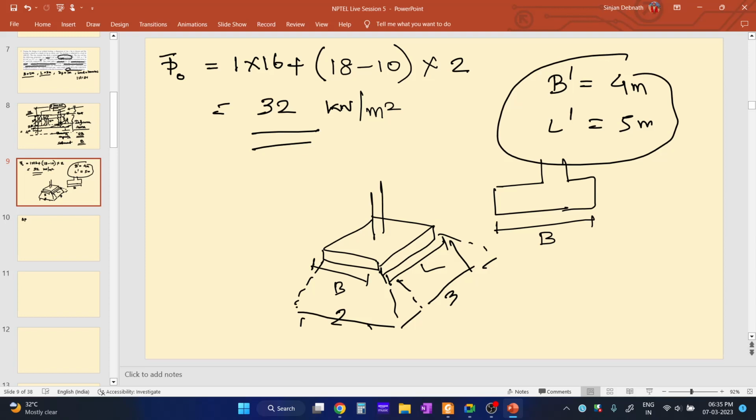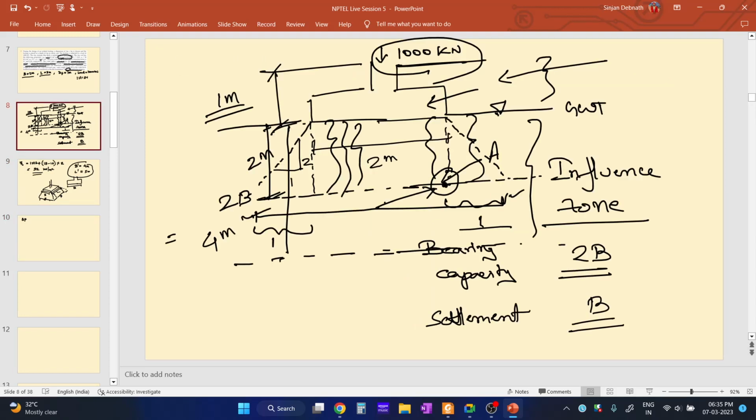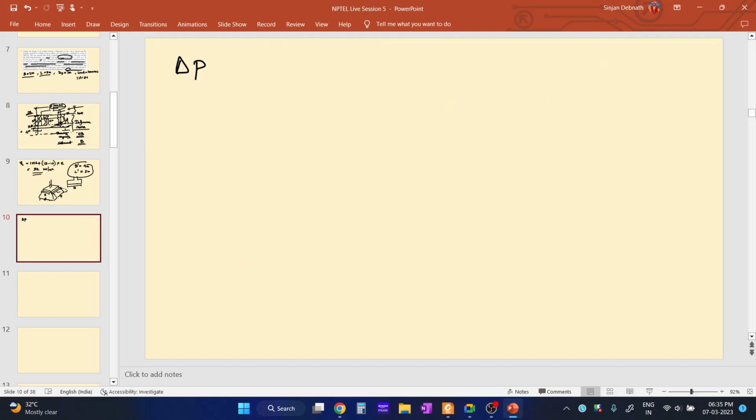Now we are just adding additional load. So the additional load is 1000 kilonewton, and due to this additional load, we need to find out how much stress 1000 kilonewton is causing at point A. So del P is the additional stress that is being caused by the 1000 kilonewton.